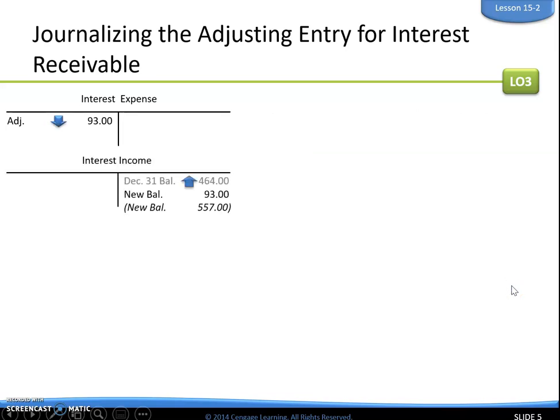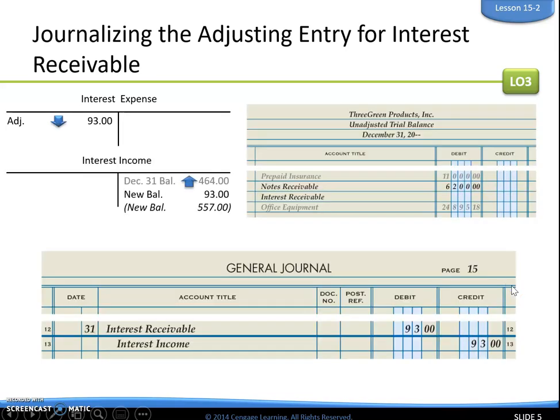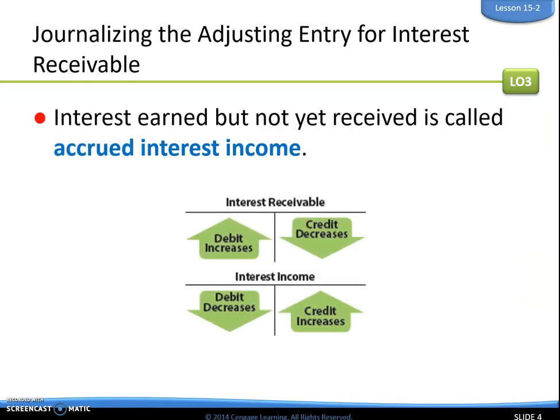Here's our adjusting entry for our interest receivable. So again, I'm going to look at my unadjusted trial balance. When we look at that, notice our interest receivable, we have nothing in there, but there is interest. Okay, so I'm going to go back to the previous slide, sorry. There's interest that has been earned but not yet received.